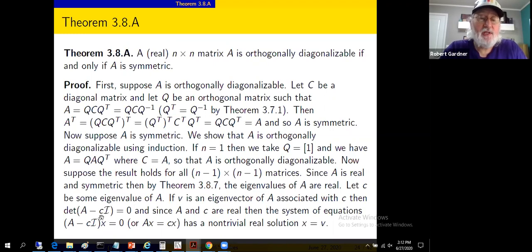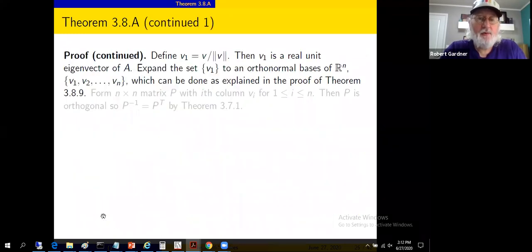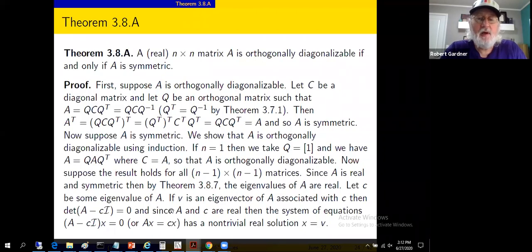So we're treating C as a specific eigenvalue. A and C are real. So we know things about systems of equations involving real numbers. I wouldn't be surprised if most of that stuff holds for complex numbers as well, but we're restricting ourselves up here to real numbers.